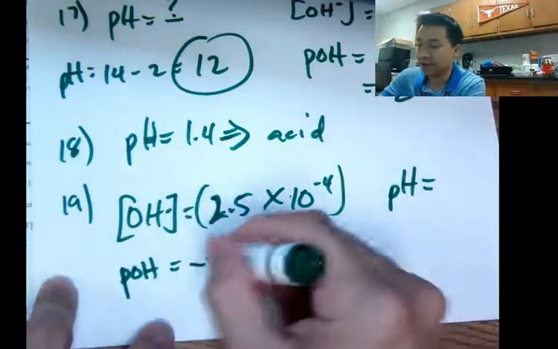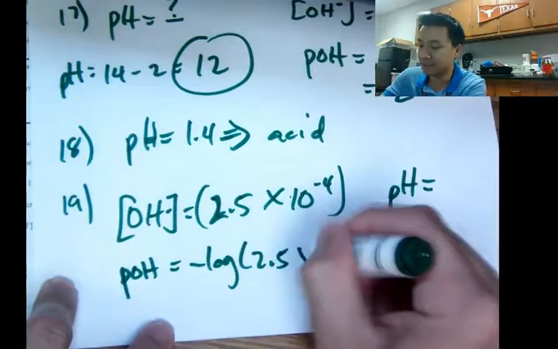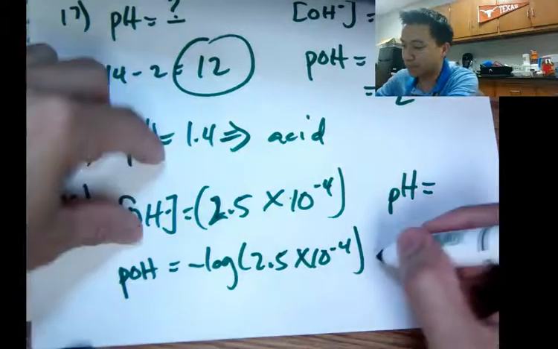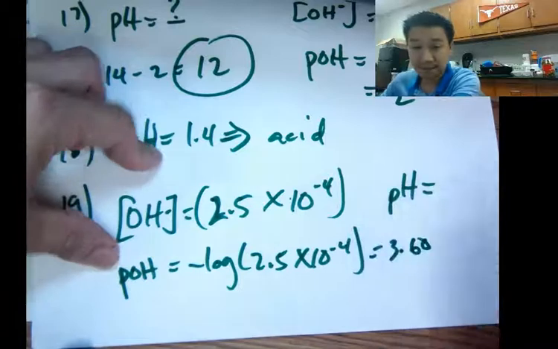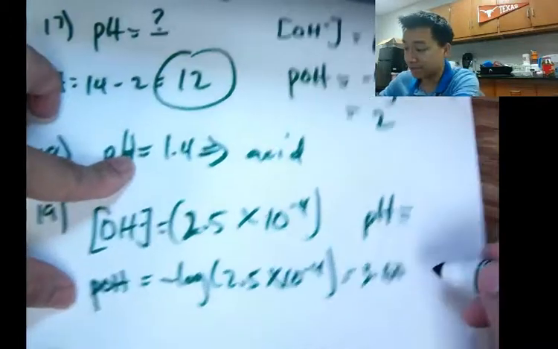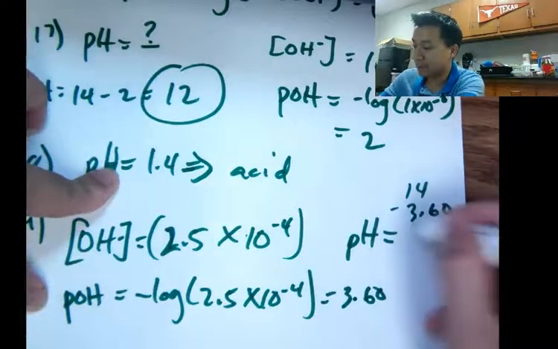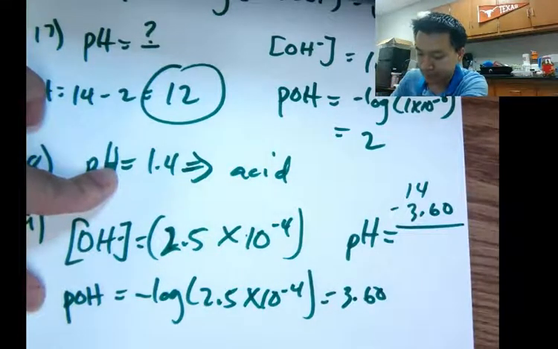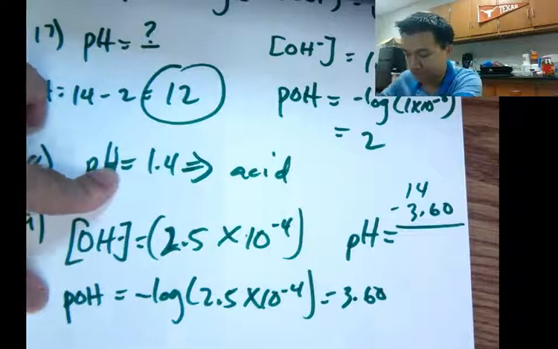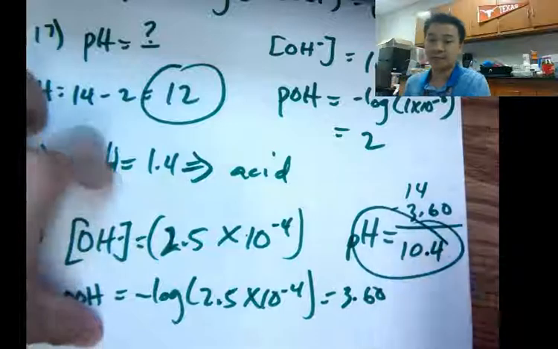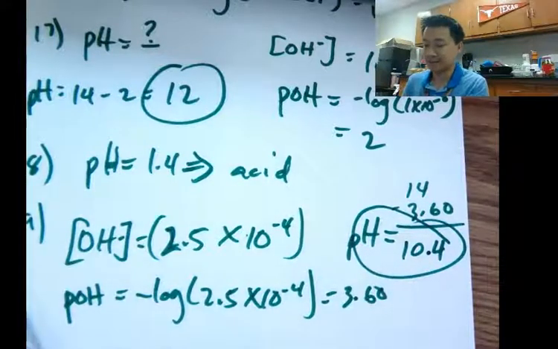So negative log of 2.5 times 10 to the negative 4. Take negative log, and you will get 3.60. So how do I find pH then? 14 minus 3.60, POH. And that'll give you 10.4. That's your pH. And that's number 19.